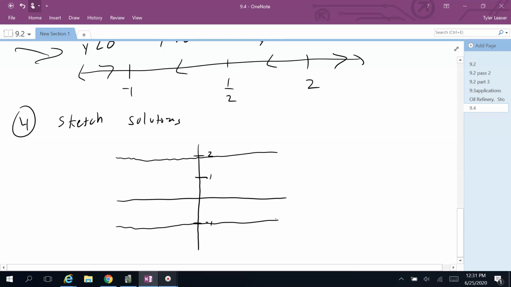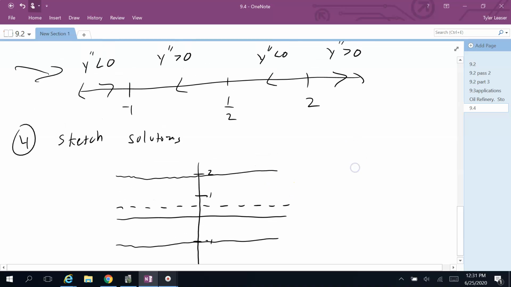So I'm just going to draw horizontal lines there, because if I do end up on one of these lines, I'm just going to stay on that line. The 1/2, I'm going to draw a dotted line at, because this is not an equilibrium value, but this is going to be an inflection point because the concavity changes.